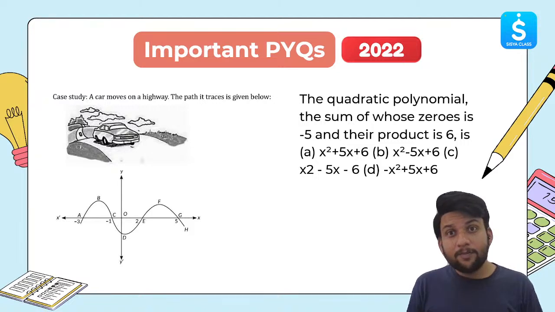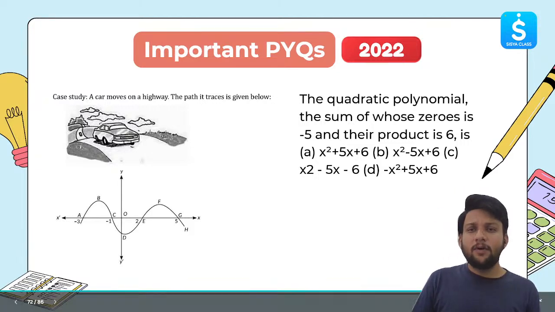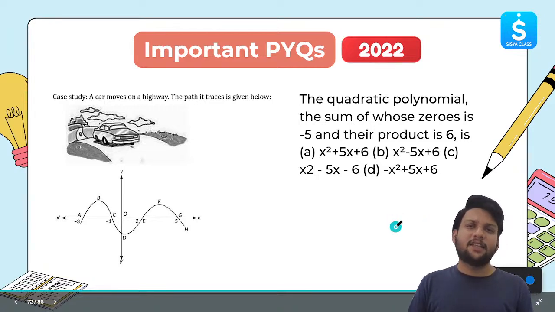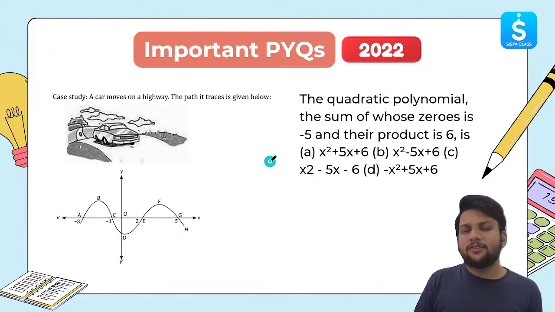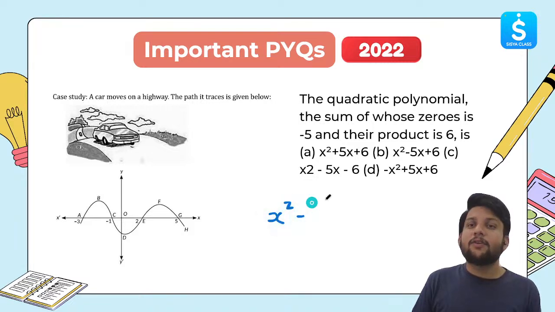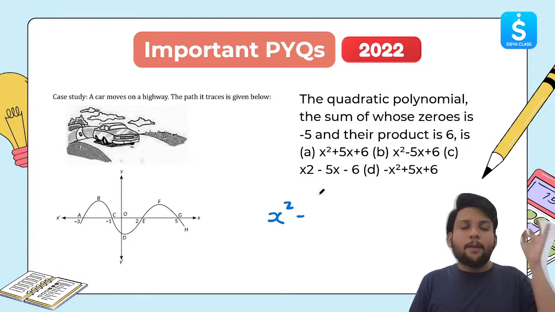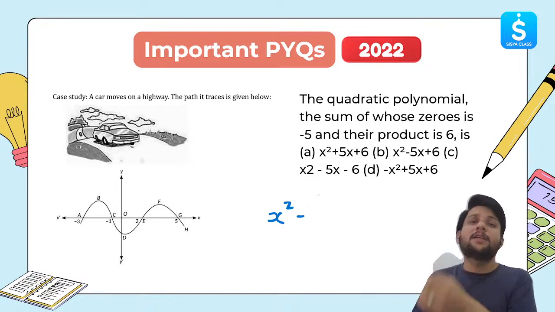Okay, so we have one more part to this question. It is given the quadratic polynomial, the sum of whose zeros is -5 and the product is 6. This has nothing to do with the curve. It's just given like this only. So remember, I told you whenever you have to find it, I will write it as x square minus, what is the sum of roots? x square minus alpha plus beta x, that is x square minus sum of roots times x plus the product of roots.